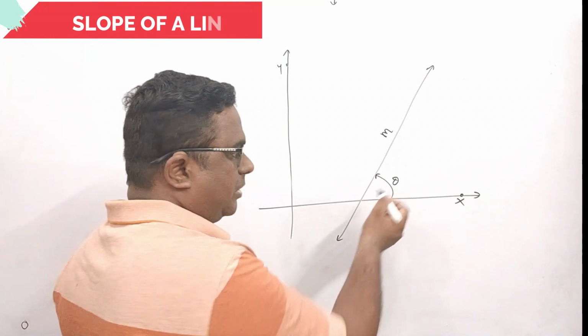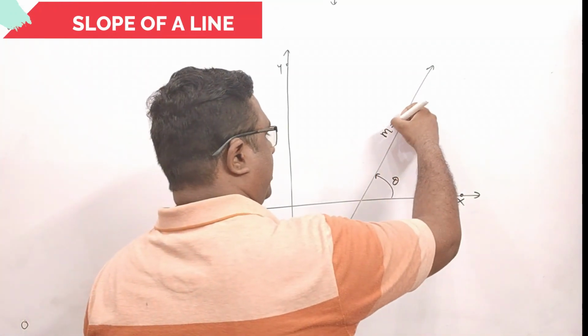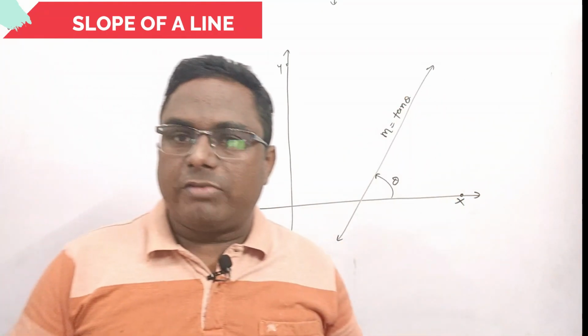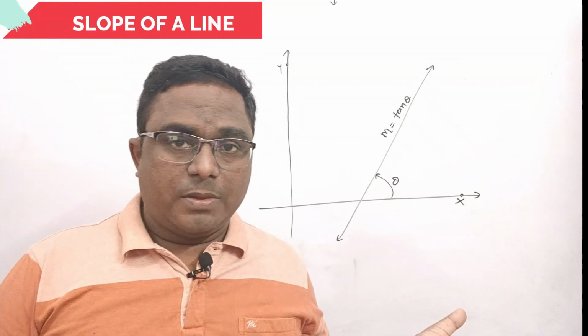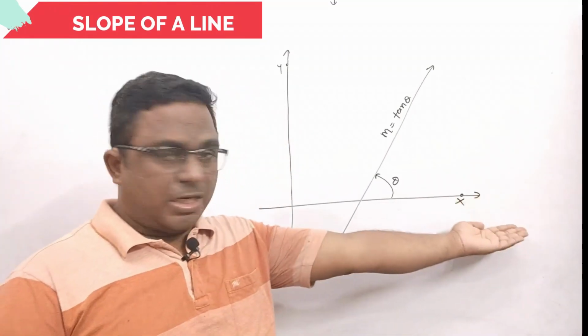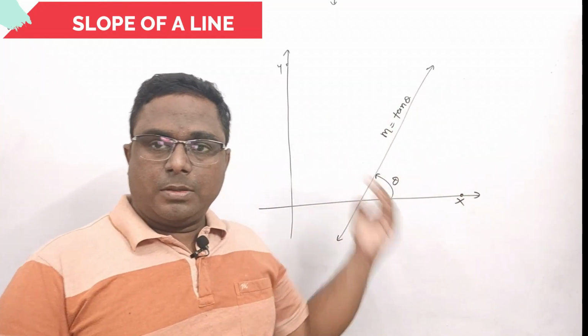Then the value of tan theta is called slope of this line. It is denoted by m. So m is equal to tan theta. So the value of tan theta is called the slope of a line, where theta is the angle of that line measured from positive direction of x-axis and in anti-clockwise direction.